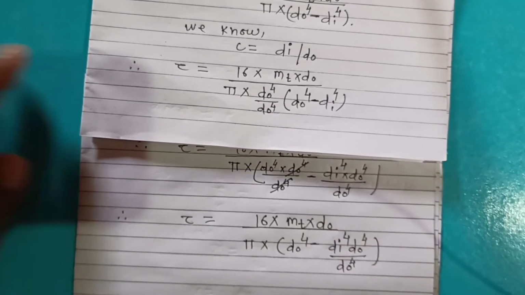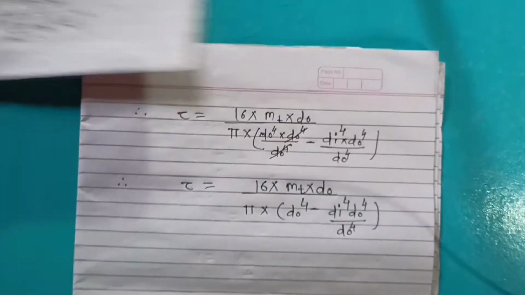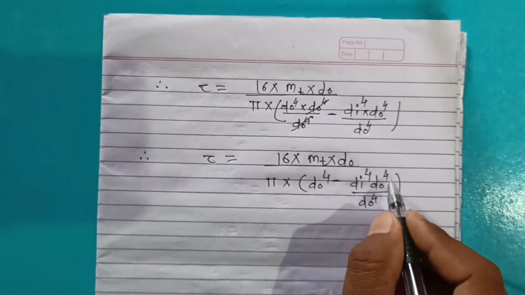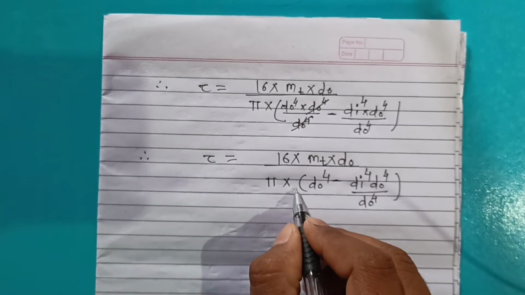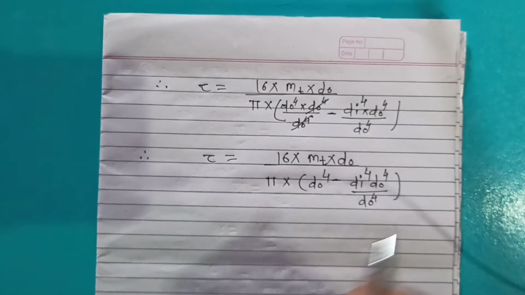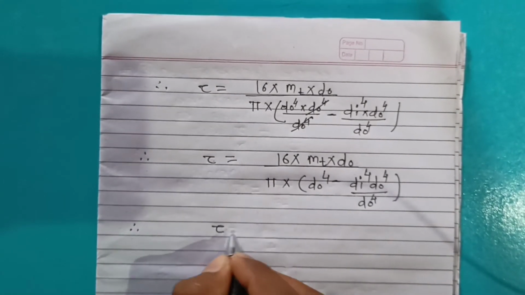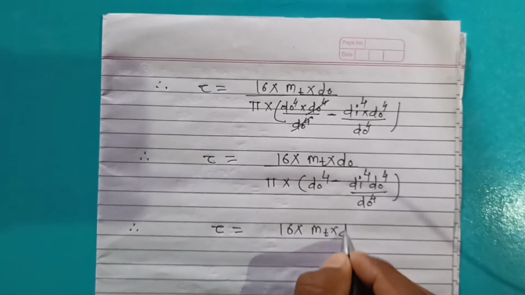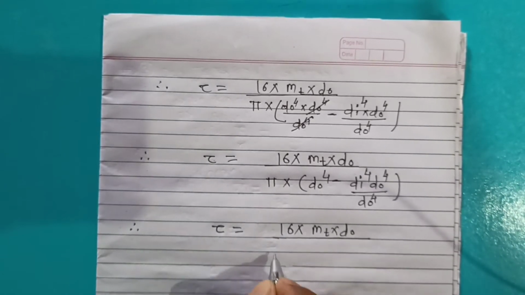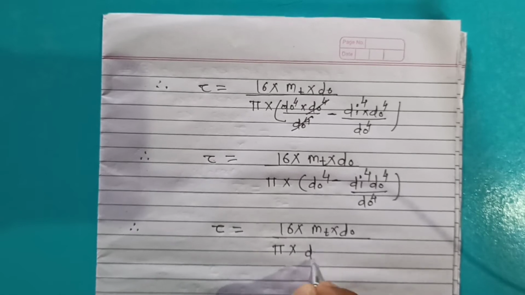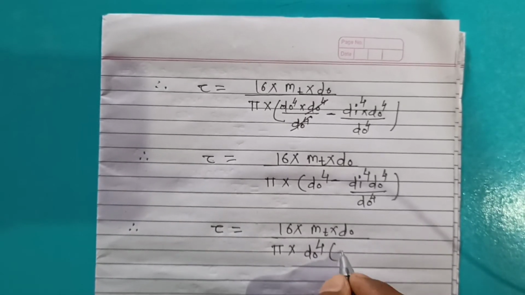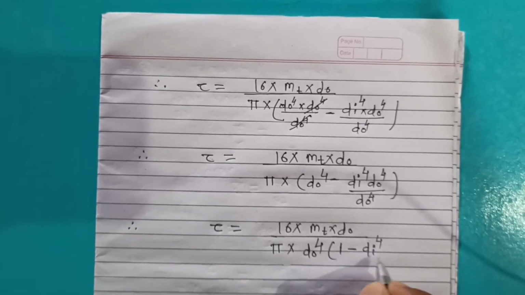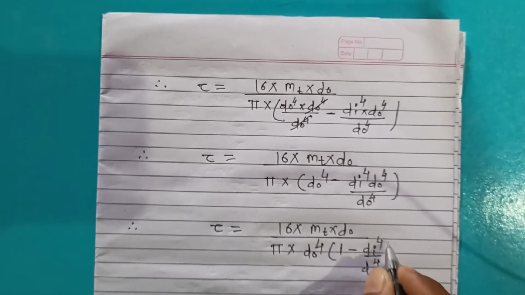Now do raised to 4 is taken common, outside from this bracket. Tau is equal to 16 into mt into do divided by pi into do raised to 4 taken common, and in bracket 1 minus di raised to 4 divided by do raised to 4.